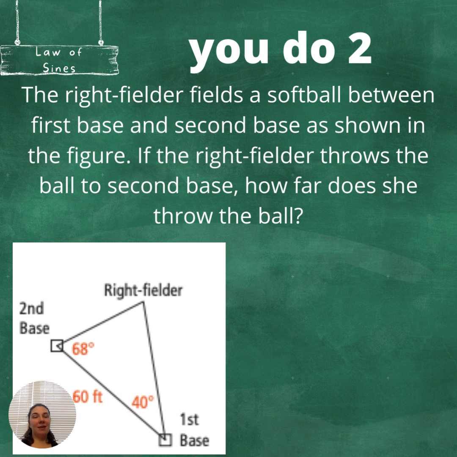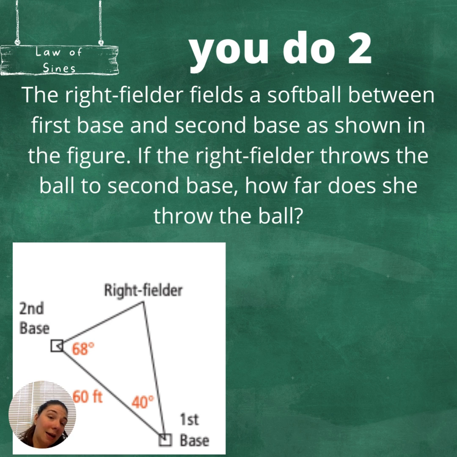Okay, and then the second problem says the right fielder fields a softball between first base and second base as shown in the figure. If the right fielder throws the ball to second base, how far does she throw the ball? So you are solving for the length from right fielder to second base, and you're provided with these values.